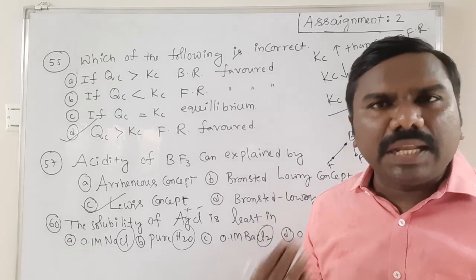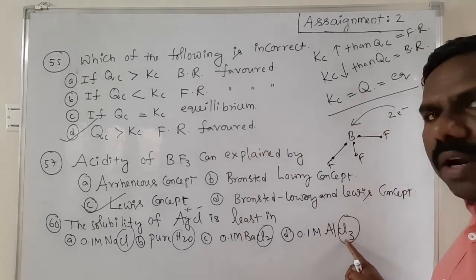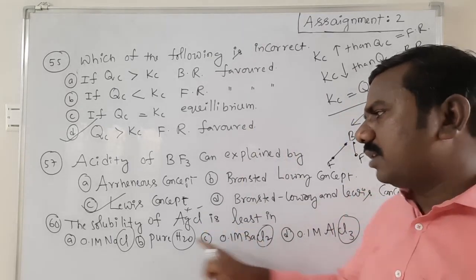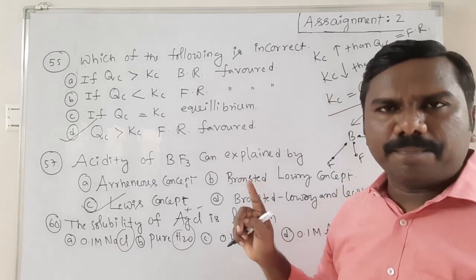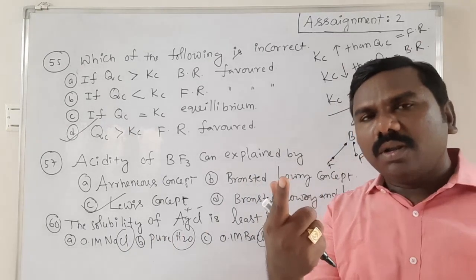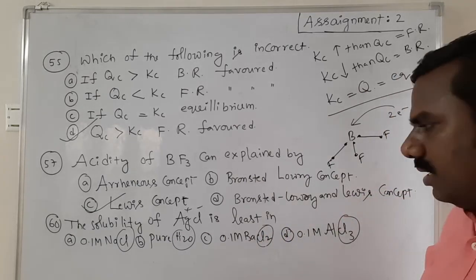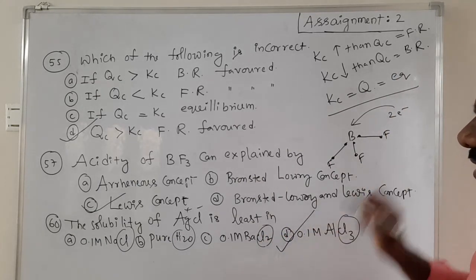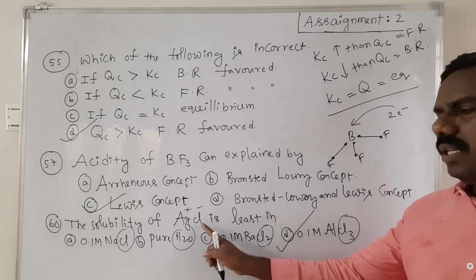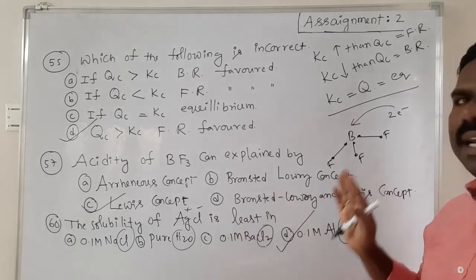As common ion effect increases, solubility decreases. 3 chloride ions are common with that of AgCl, but in the others only 2 chloride ions, 1 chloride ion, or no common ion. So the more the number of common ions, the more the common ion effect. As common ion effect increases, solubility decreases. So hence the answer is option D. Because of 3 chloride ions common to AgCl, common ion effect is more, solubility is less.